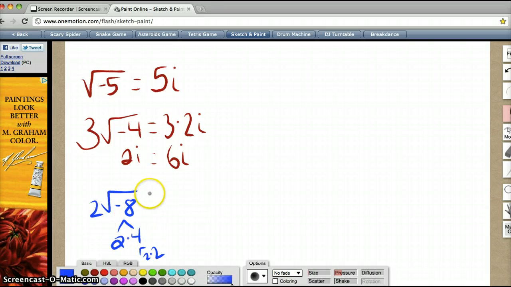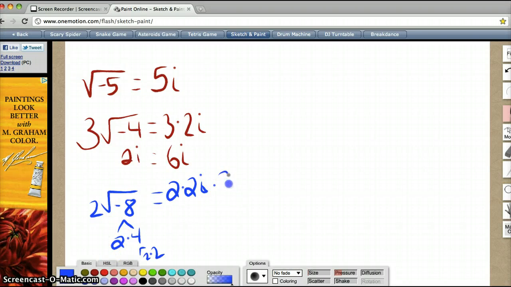So we've got 4. So we've got 2 times 2. And it's a negative. So 2 times 2i times, and we still have this 2 over here that we need to take care of.